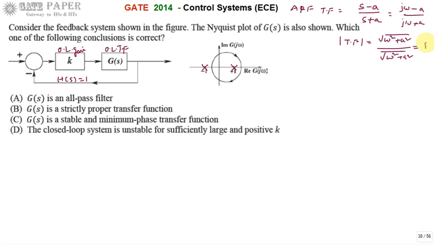A is the location, so it has unity magnitude.